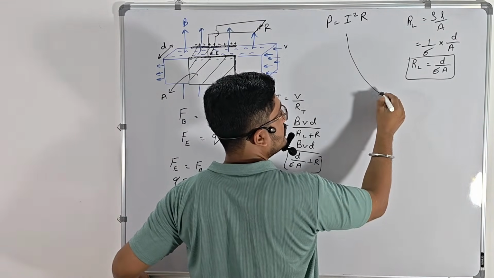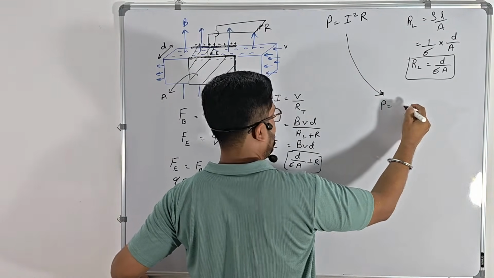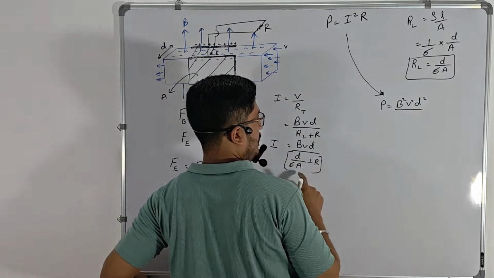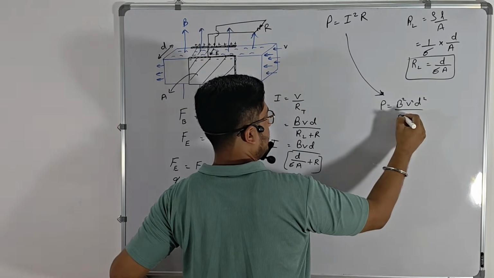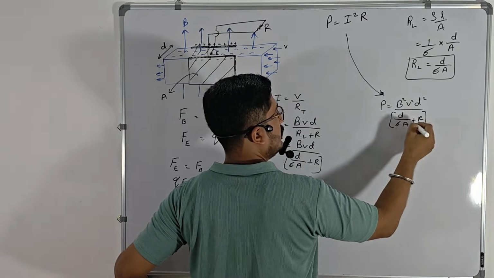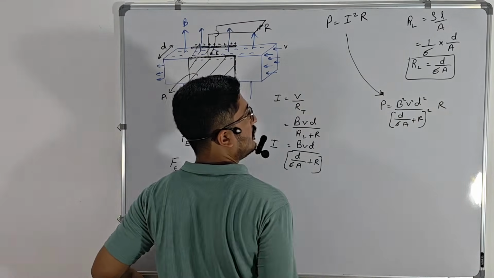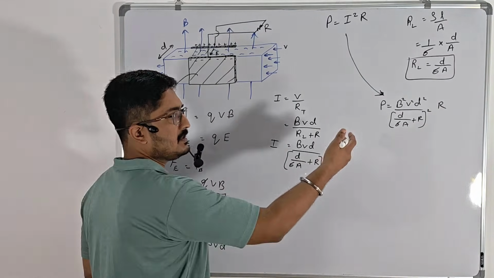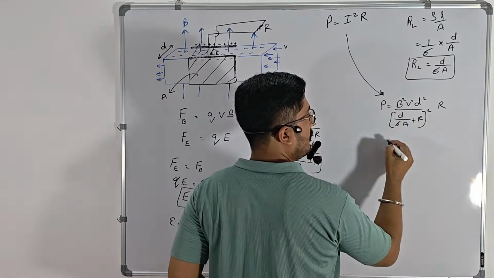The power would be given as P is equal to I square, which is B square V square D square divided by this square, that is D by sigma A plus R whole square, times R. I square R, that's what I have written. If required, you can just take the LCM of this and that would be the end of it.